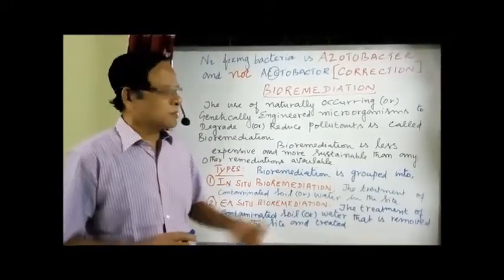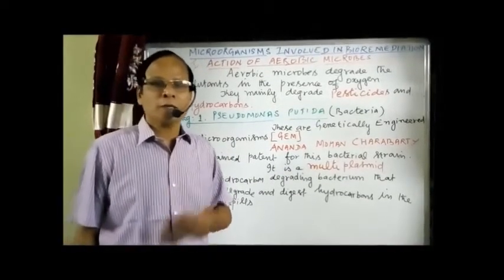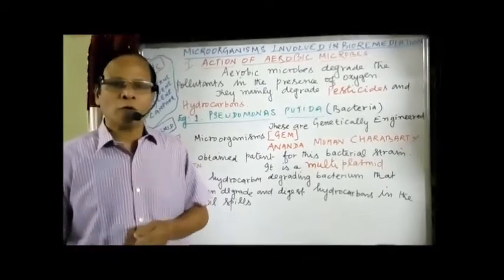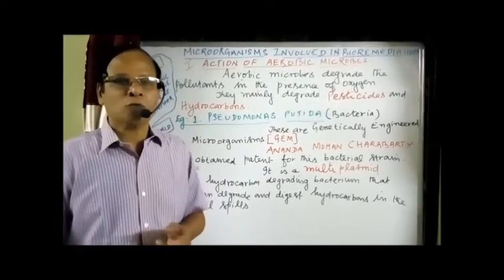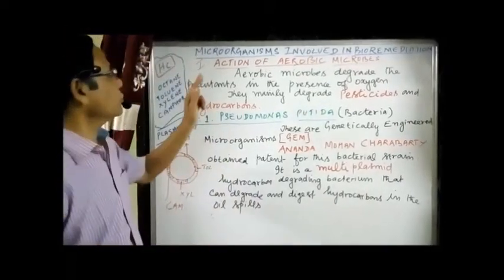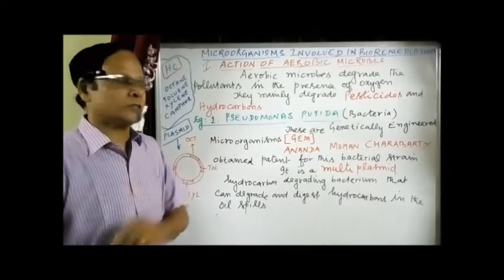So let's proceed. Now let's see what microorganisms are involved in bioremediation. There are two groups of microbes: aerobic microbes and anaerobic microbes. Now let's see the role of aerobic microbes and how they act in degrading pollutants.